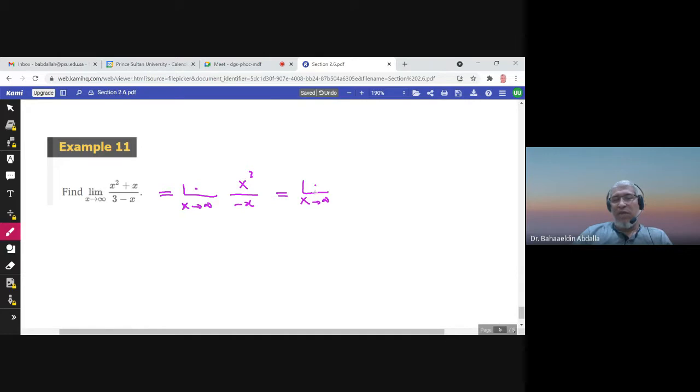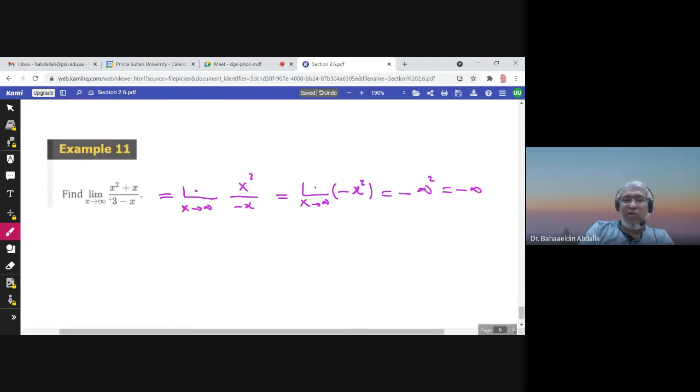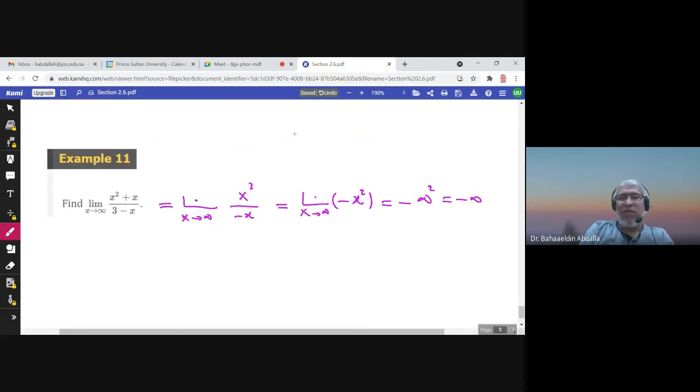There is a negative sign, and x cubed over x is x squared. Now to find this limit, it is negative infinity to the power 2. Notice that the negative is outside. So infinity to the power 2 is infinity, and the limit would be negative infinity. So the limit of this function when x goes to infinity is negative infinity.